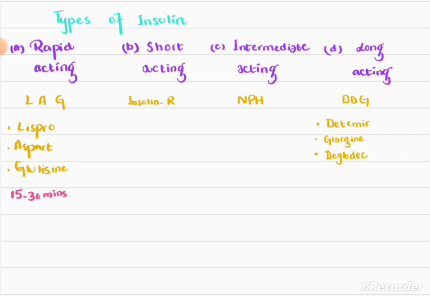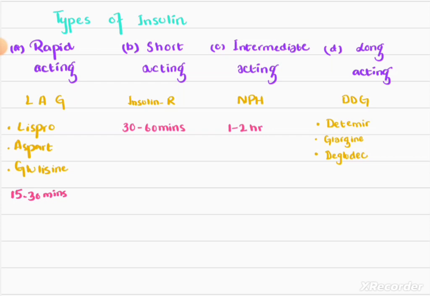The short acting insulin, or insulin R, has a rapid action, but a little slower than the rapid acting. They act in 30 to 60 minutes. The intermediate acting insulins start their action after 1 to 2 hours, so they have to be administered 1 to 2 hours before the meal.